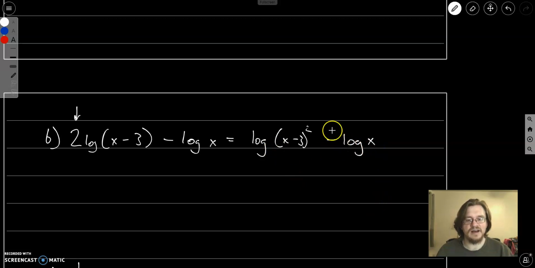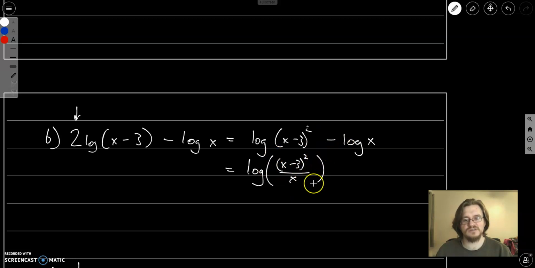And again, now that I'm subtracting, I can write this as 1 log with some division. I turn subtraction into division. This is going to be log of x minus 3 squared over x. And if I wanted to, I could expand this x minus 3 squared, but I don't think I will. So I'm done. That's right here.